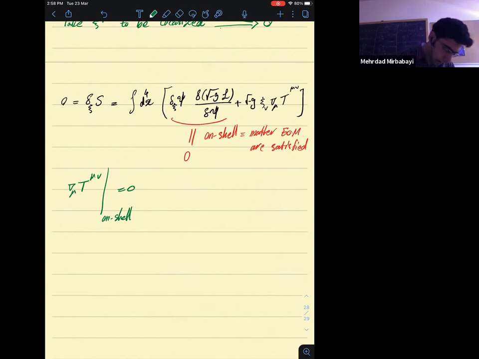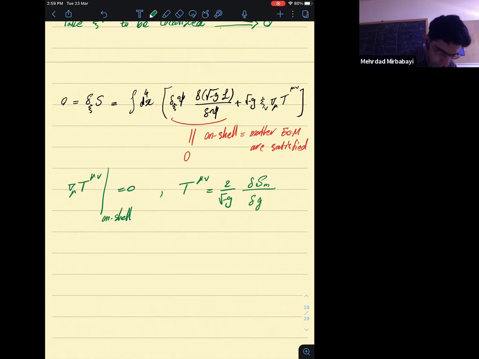And let me just remind you that this T mu nu is defined in the following way. Now, this is something that I use interchangeably. I sometimes write the variation of this combination in this form, and sometimes write it as the variation of the action, but I mean the same thing.